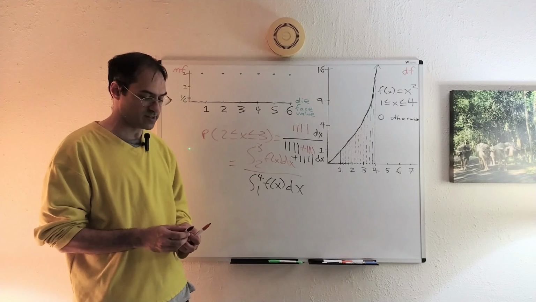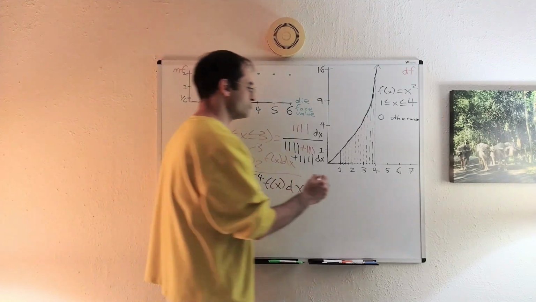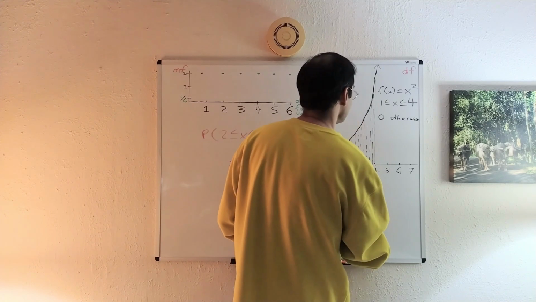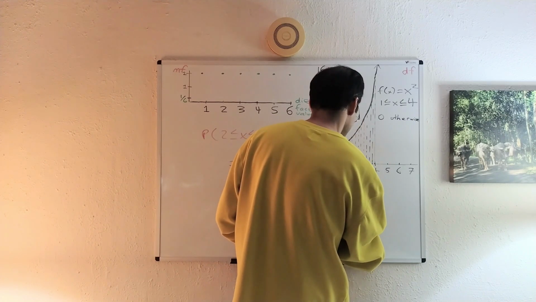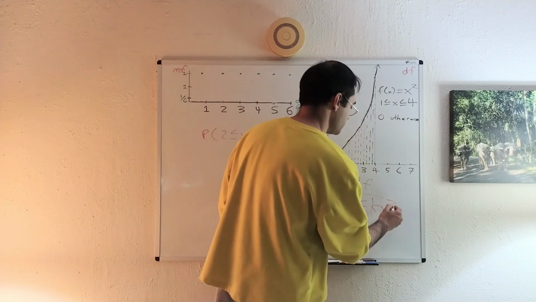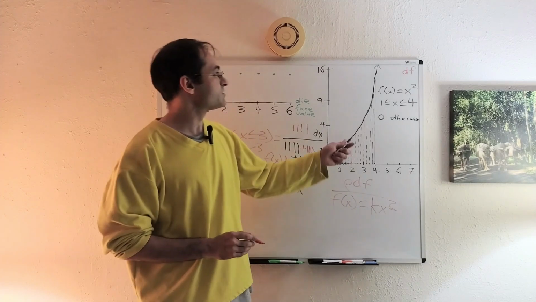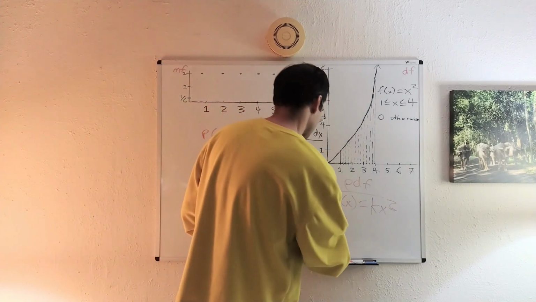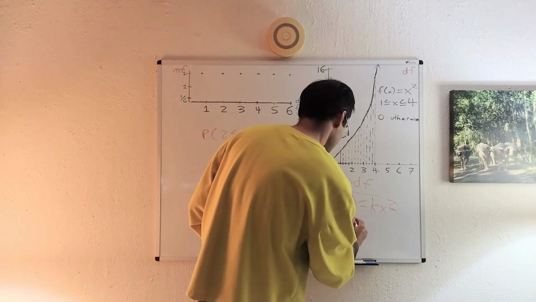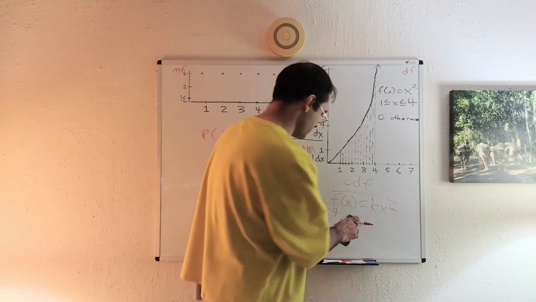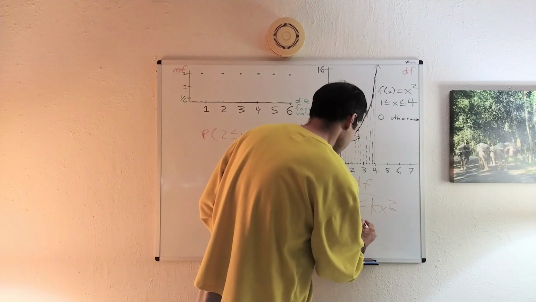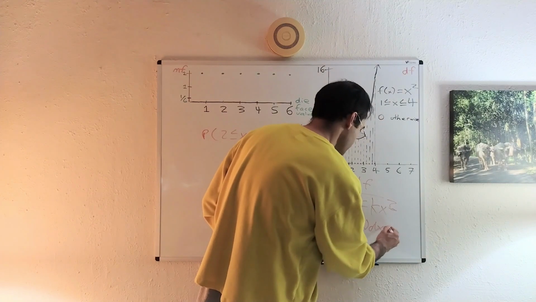So to change this from a density into a probability density, all we have to do is take our f of x and multiply it by some constant k, such that the integral of k f of x dx is equal to 1.